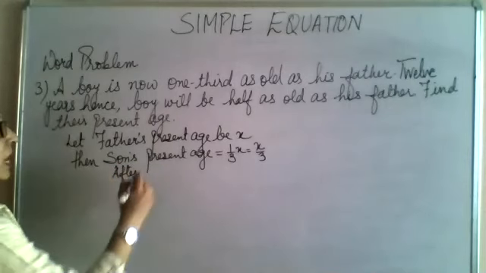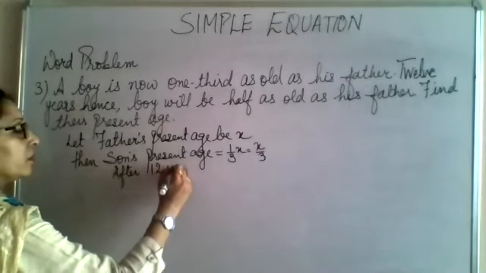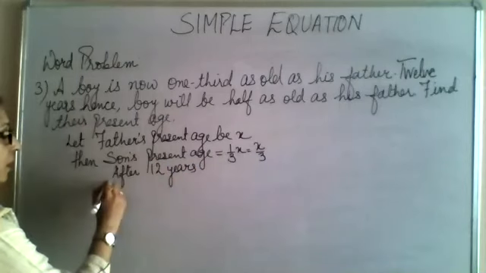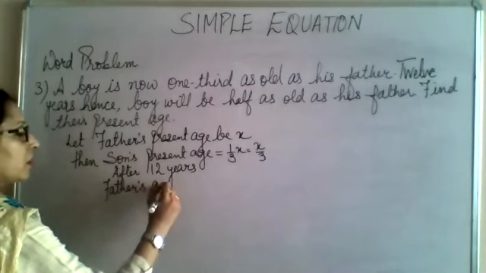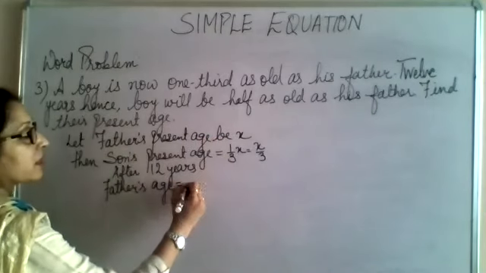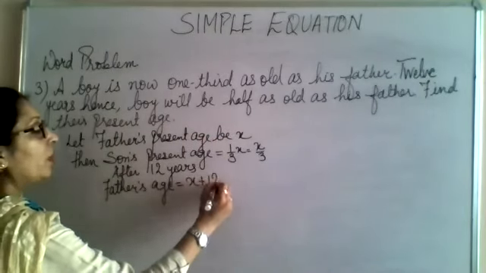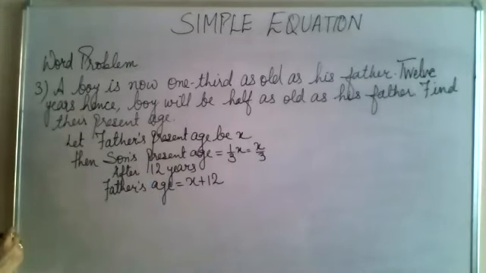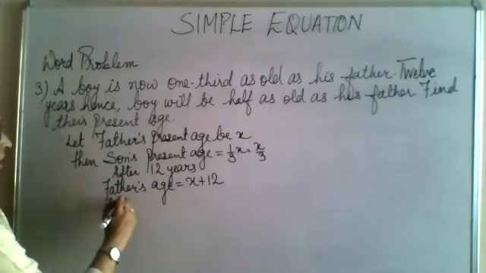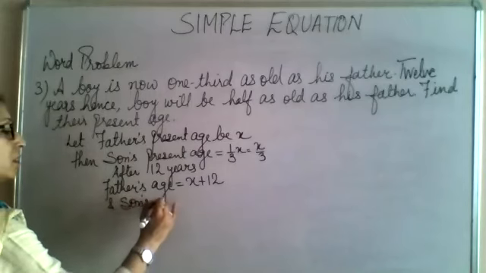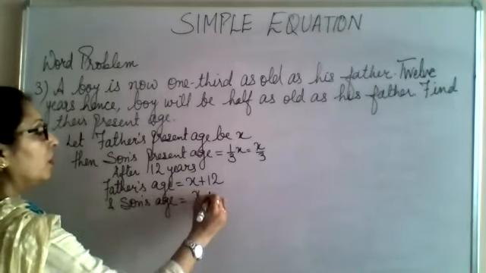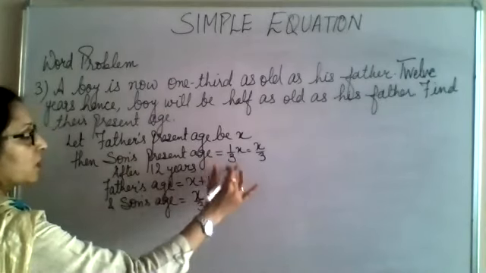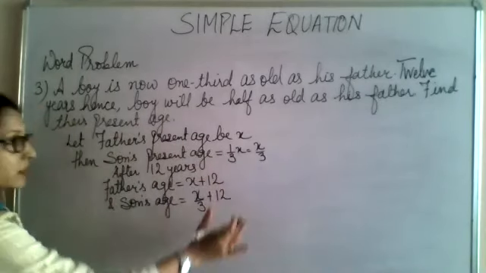So you will write first after 12 years. Father's age will be x plus 12. You will add x plus 12. And son's age will be x/3 plus 12. This way we have found out their ages.